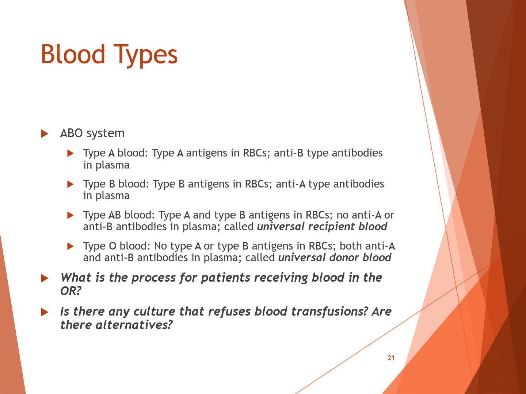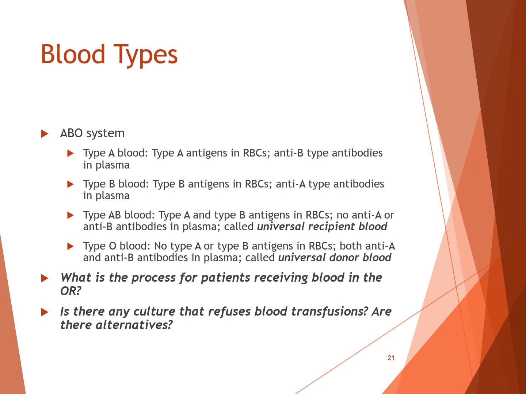Okay, so the next one is type B blood. Again, same thing, type B has type B antigens. It has antigens, it has proteins associated with it, that means it has anti-A type antibodies.